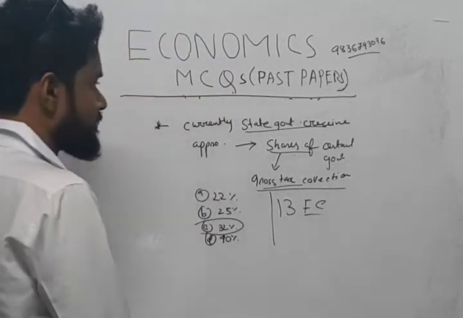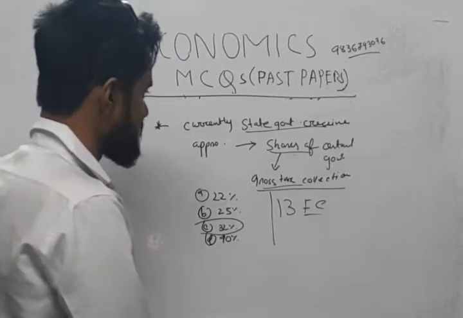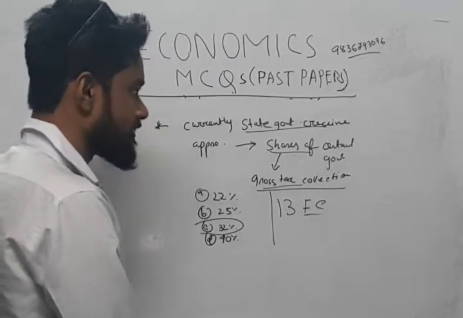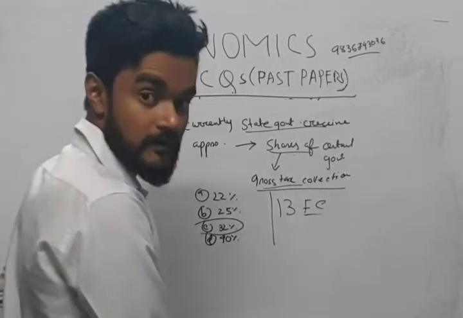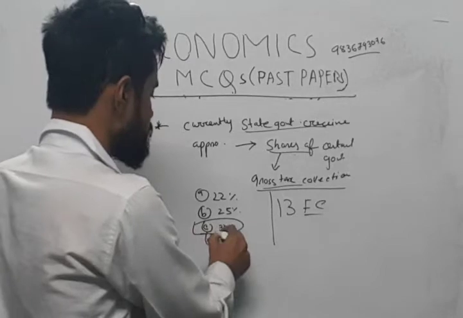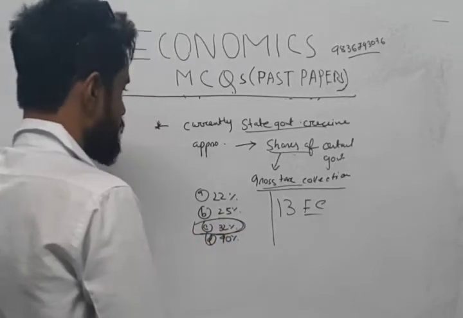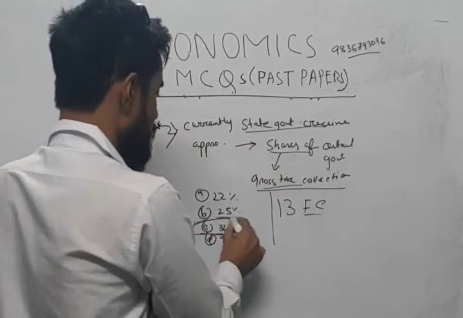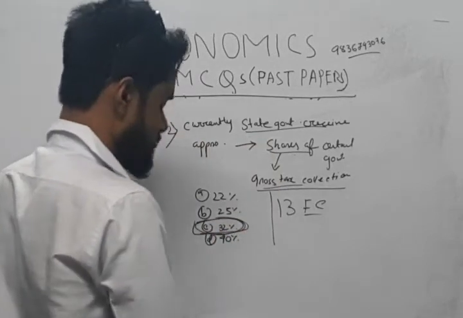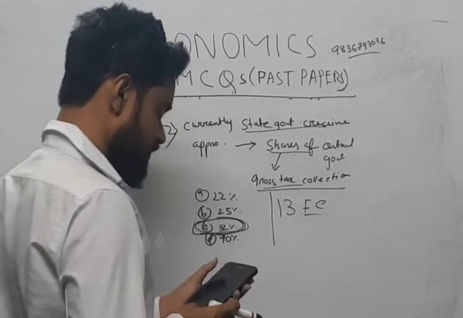So we need to remember that state governments receive approximately 32% of the gross tax collection of the central government. So for question number 2, the right answer would be option C. Now I'll go straight to the next question.